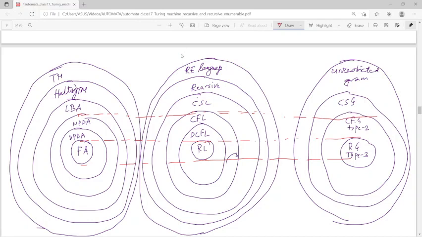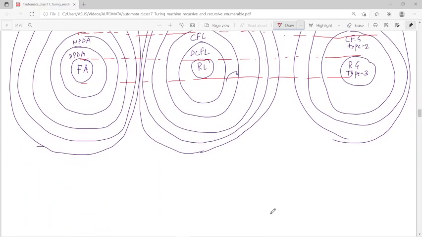So that part is like that. That means these are the basic things that you should remember. This part is equal to this part, and this part is equal to this part, and the grammar that it follows is unrestricted grammar.